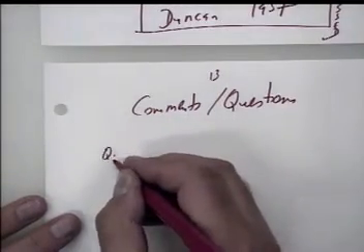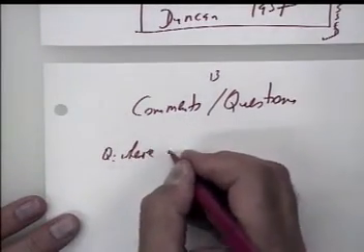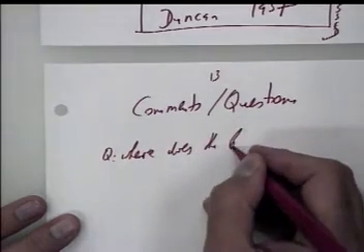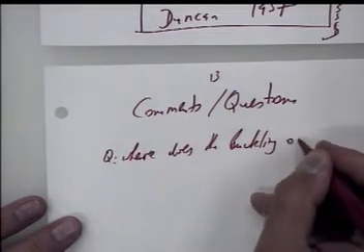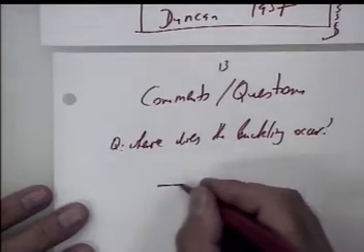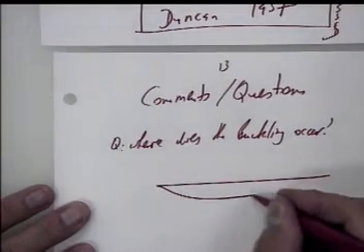Okay, question. Where does the buckling occur? Everywhere, because look, that will be a function.